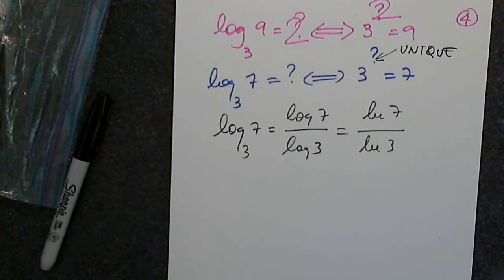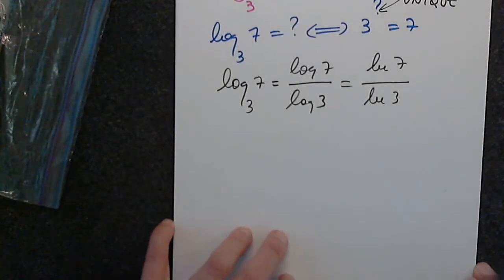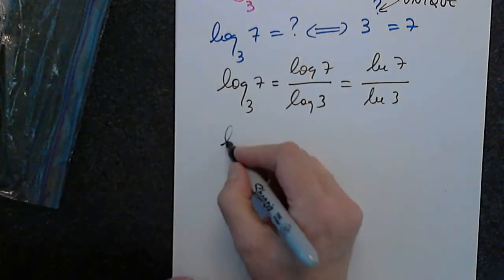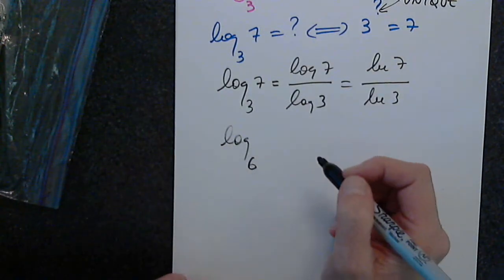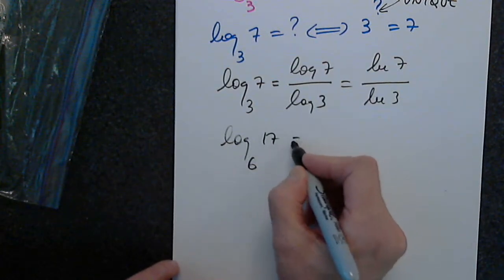Do you think we should look at a different example with a change of base? Sure. Very good. Make one up. Anything you want. Log of 6. Base 6. So let's do 17. Very good.